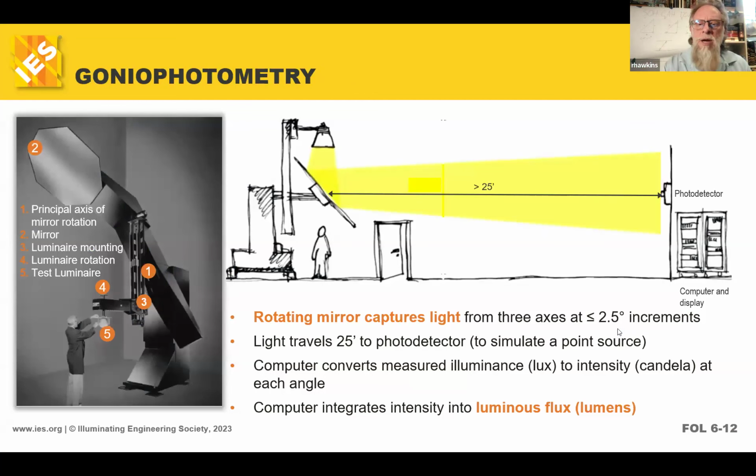All right, this is very important. In fact, this is so important, they should have emphasized it more, because it has a lot to do with how accurate our calculations are later. The way that we measure light coming out of a fixture or a lamp or a reflectorized something or other is we put it into the lab, and 25 feet away via a bounce typically, we measure how much light that thing is throwing at that particular angle, and then we rotate it, we measure again, we rotate it, we measure again, we rotate it, we measure again.